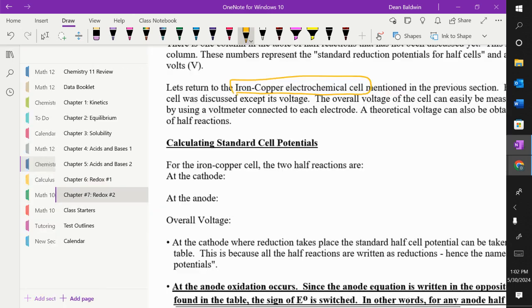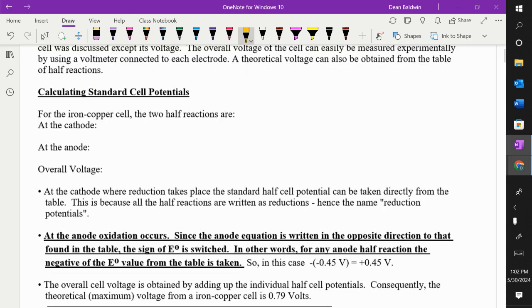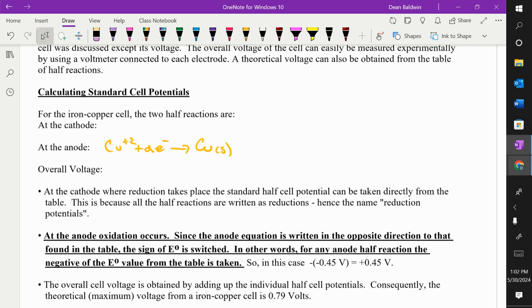So what is the overall voltage of this? Well, the anode reaction was copper plus 2 electrons goes to copper solid. Oh, I wrote that in the wrong spot, didn't I? That's the cathode reaction.